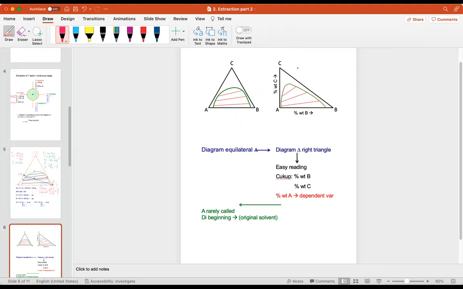Why? Because here we can read the percentage of B, and the vertical one we can read the percentage of C.